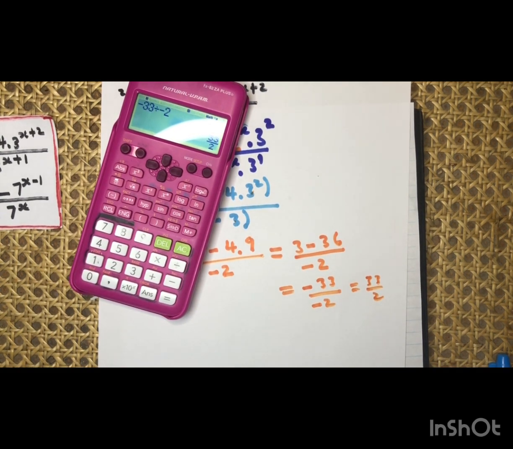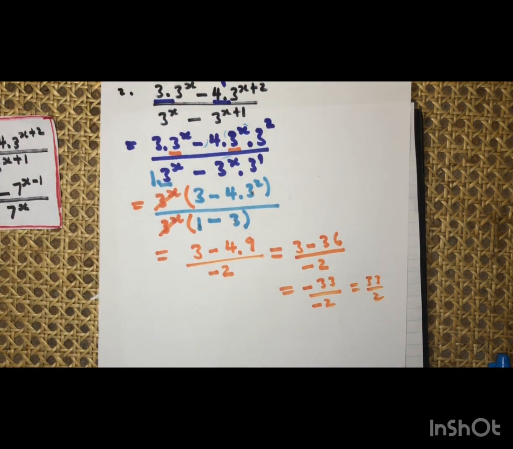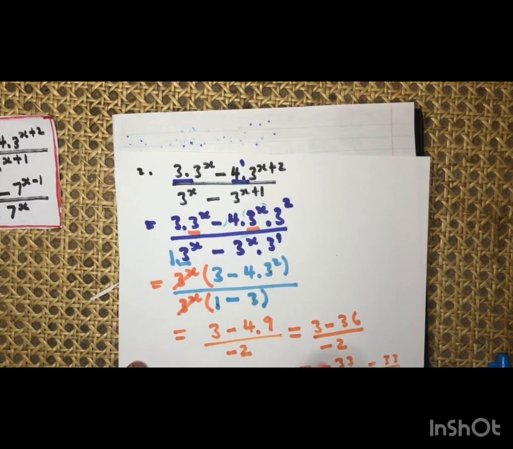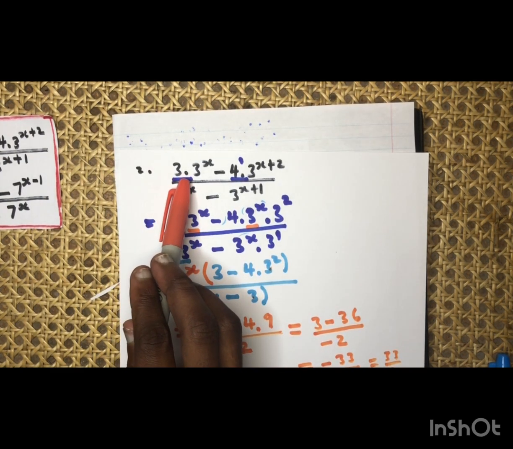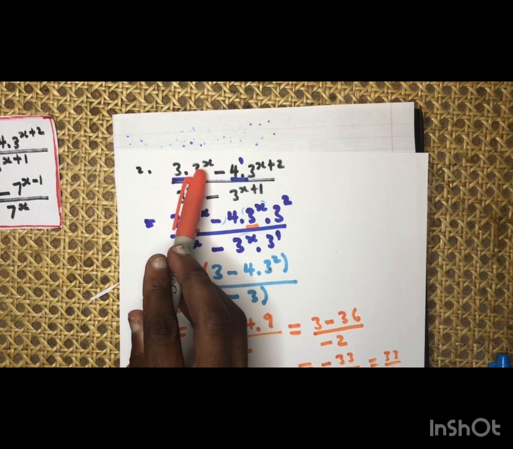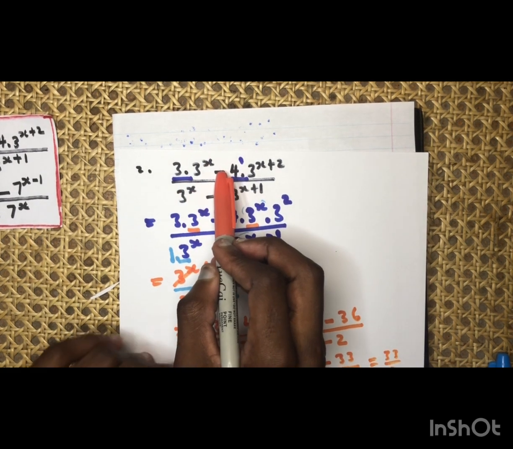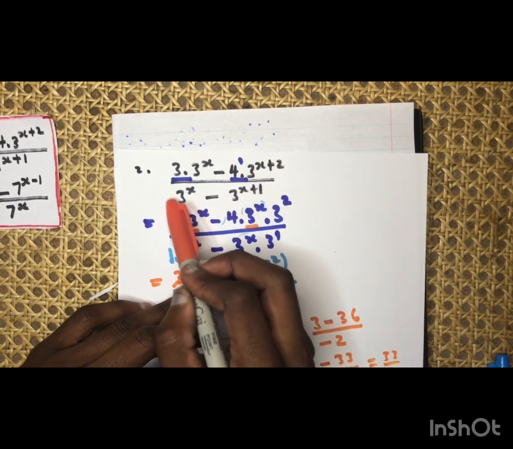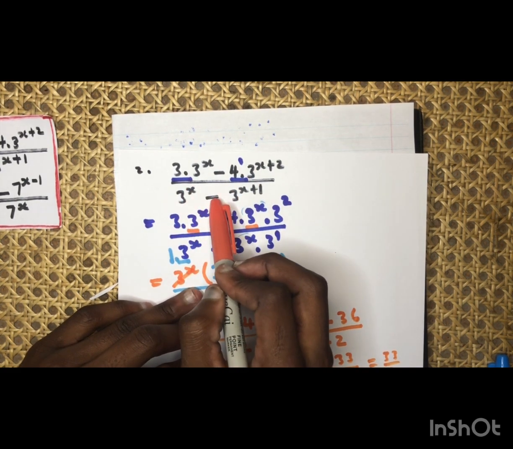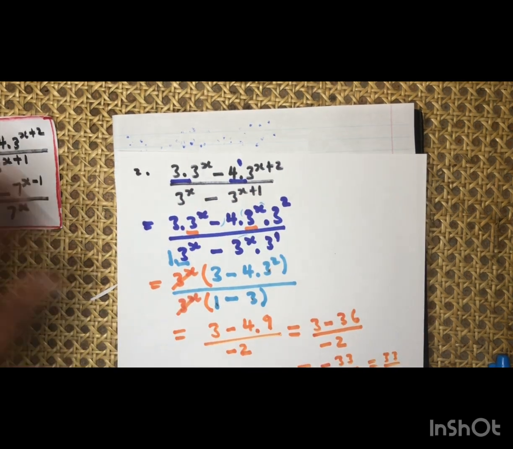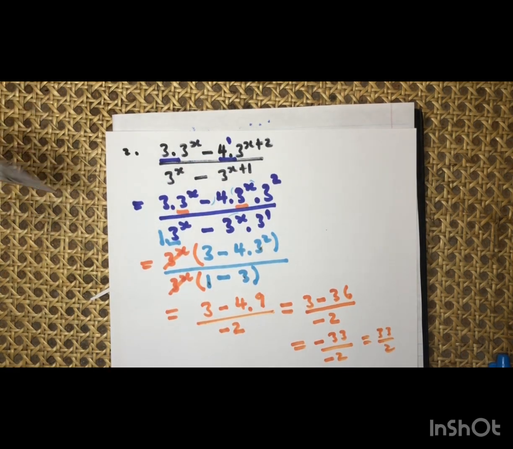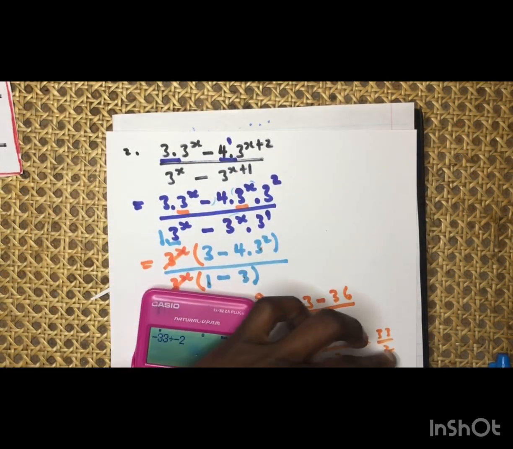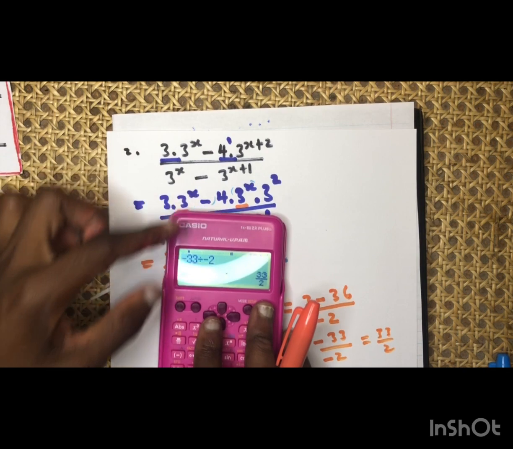Right. So let's look at the question. We're given 3 times 3 to the power x minus 4 times 3 to the power x plus 2, all divided by 3 to the power x minus 3 to the power x plus 1. Let's verify and test that the answer we got here is correct. I'm going to put 1 wherever I see x.